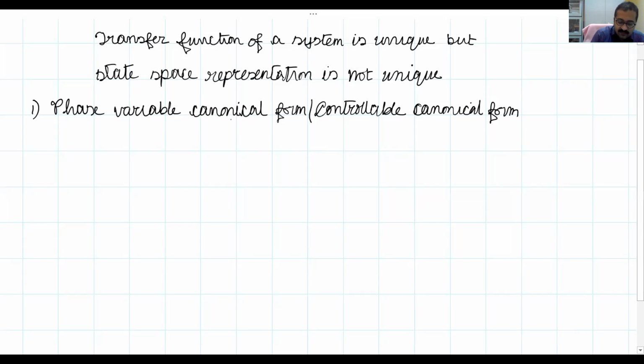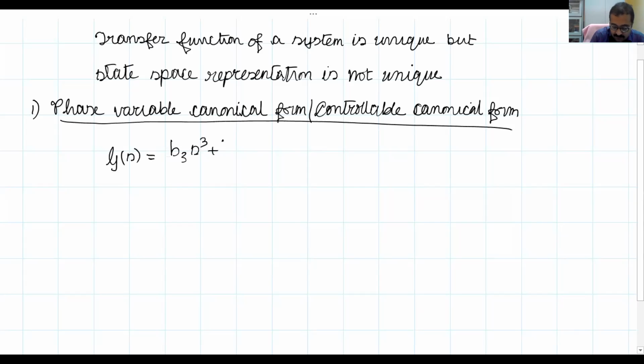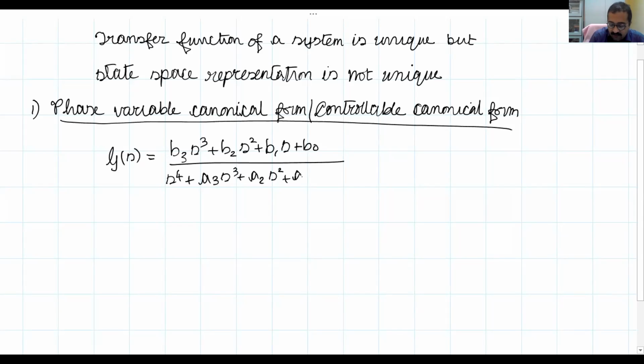Let's take one example. Suppose you are given a transfer function like this: G of s equals b3 s cube plus b2 s square plus b1 s plus b0, whole divided by s raised to 4 plus a3 s cube plus a2 s square plus a1 s plus a0.